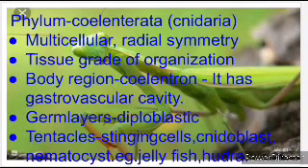Germ layers form during the early embryonic stages. In these lower organisms, only two layers form, which is diploblastic. Di means two, and blastic refers to the embryonic stages where two layers are formed.